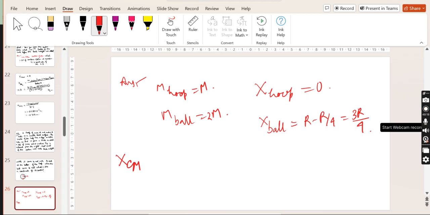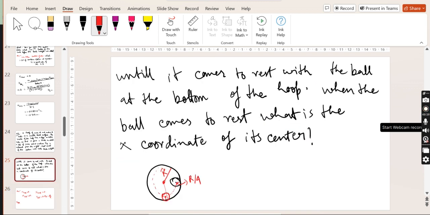It only matters what its center of mass will be, so that we can see the coordinate when it stabilizes, or the ball comes to rest.